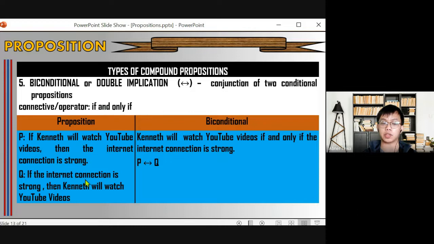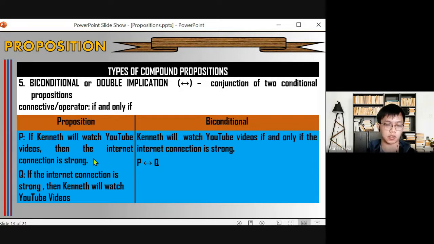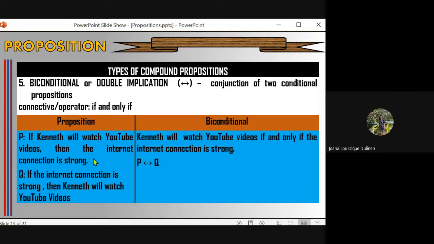So let's have here the first example. Ipakibasa nga Miss Lori yung first proposition natin. If Kenneth will watch YouTube videos, then the internet connection is strong. Okay. The other one, Miss Duliman. Mabalik siya, pero if the internet connection is strong, then Kenneth will watch YouTube videos, sir. Okay, thank you.